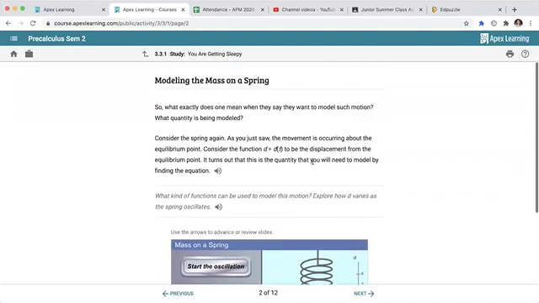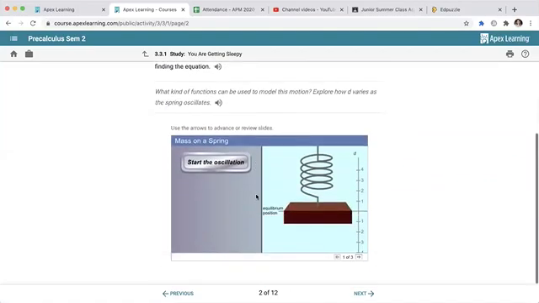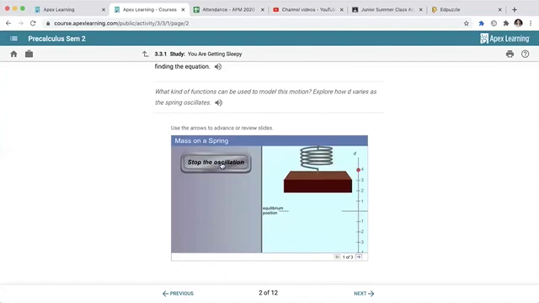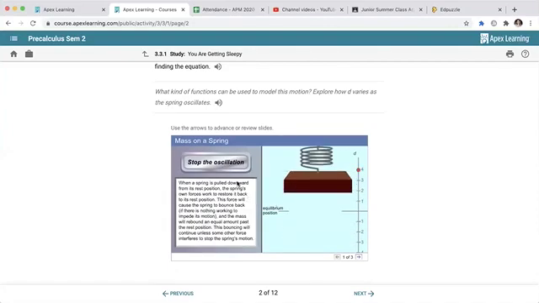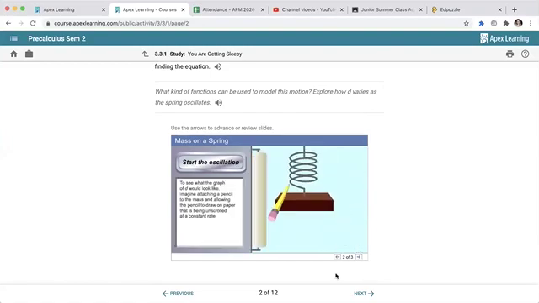Okay. So if we look at this mass on our spring here, again, we said it starts at a point, and you're going to notice it's always going from 4 to -1, 4 to -1, 4 to -1. As long as nothing is working against it, it should be perfect forever and ever and ever. But again, as we talked about, in the real world, there are things like friction and air resistance.